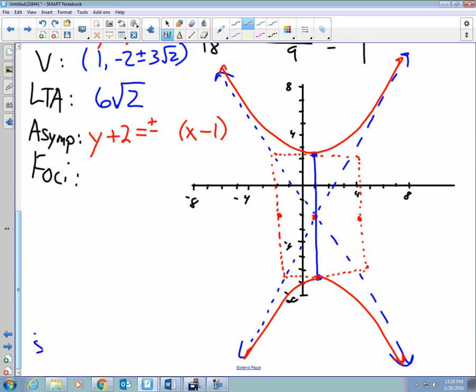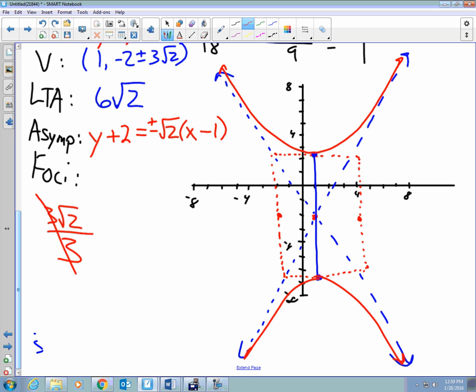What is our rise? 4.24 or 3 roots of 2 over what is our run? 3. Root of 2. Because we went from 1 over to 4. Went from 1 back to negative 2.